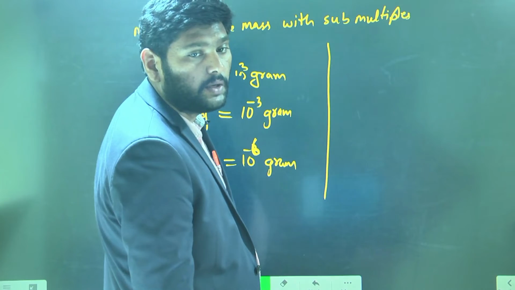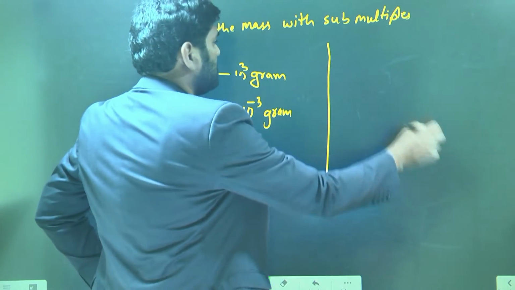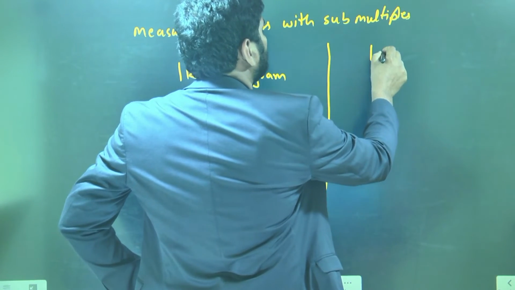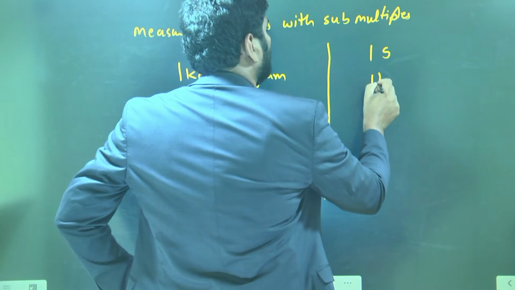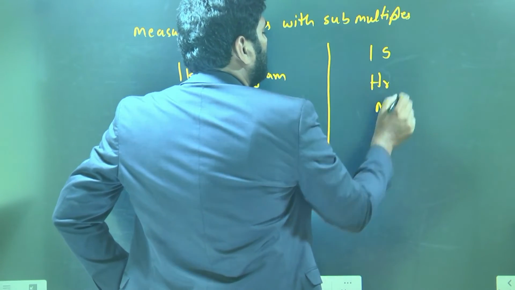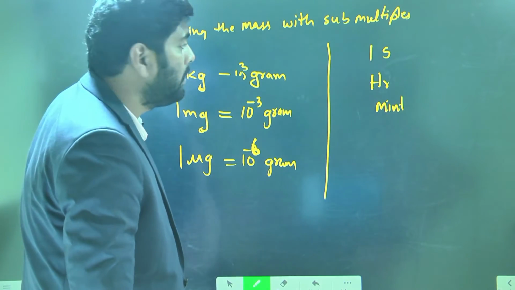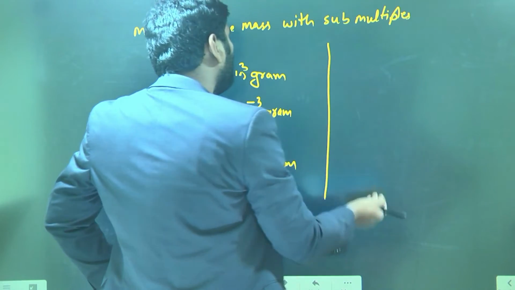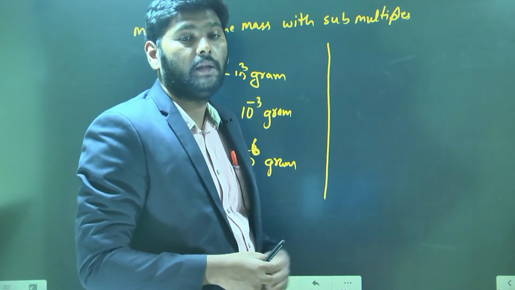Similar way, let's see the multiples and submultiples for time. So you know time units. Time units are hours, minutes and seconds. But how can you express these time units using multiples and submultiples?